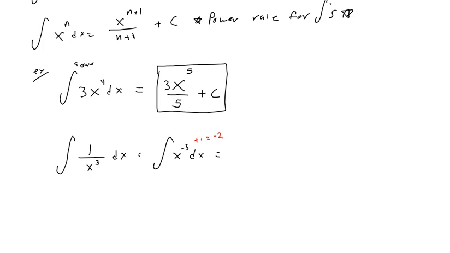So I'm going to get x to the negative second power divided by negative 2 plus c, which is really 1 over negative 2x squared plus c. And if I do the derivative of this, I'm going to get 1 over x cubed. You take the negative 2, bring it down. Negative 2 cancels this negative 2. Negative 2 becomes a negative 3. You get 1 over x cubed. So this would be your answer here.